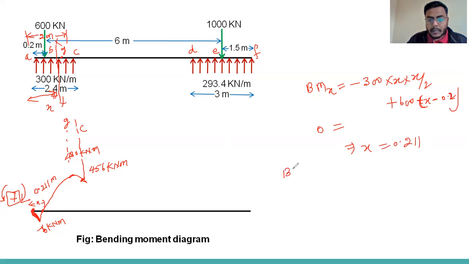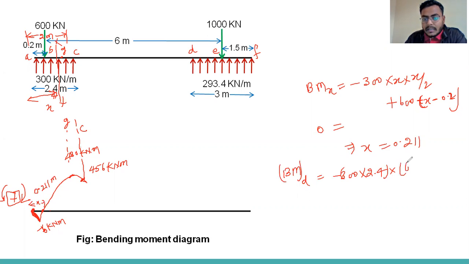So now we can calculate the bending moment at D. That will be minus 300 into 2.4, that is the force. Now we can calculate the center of this force to the section, that is at a point D. So what will be the D?